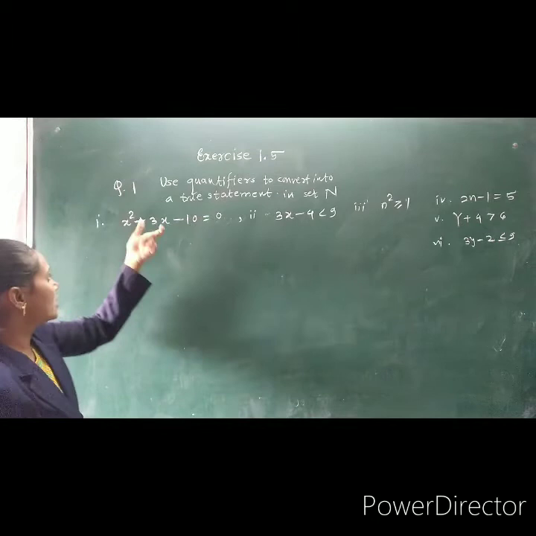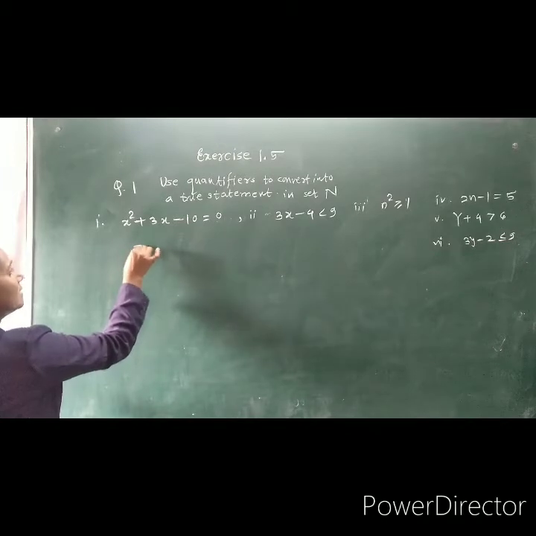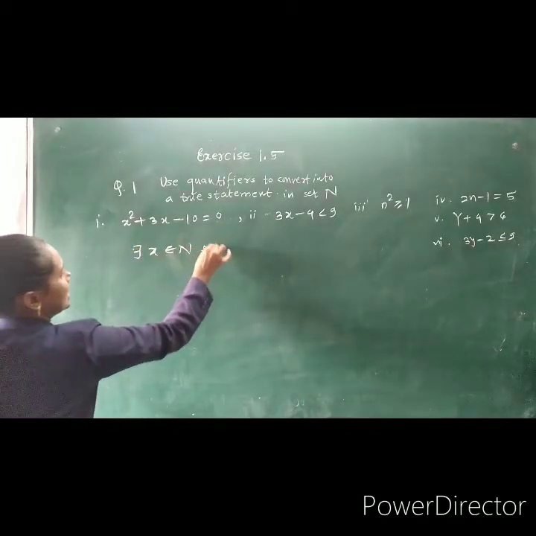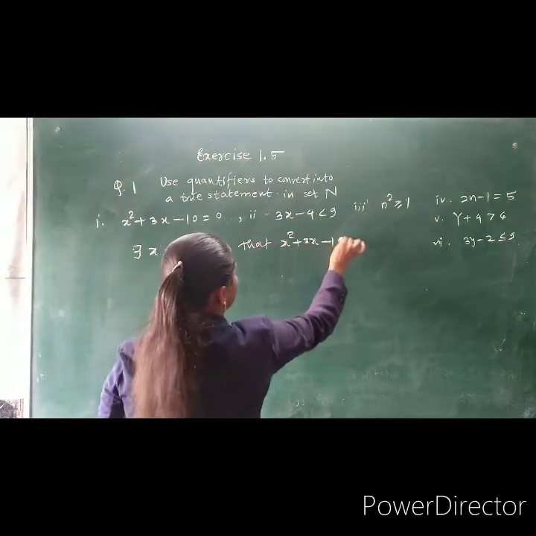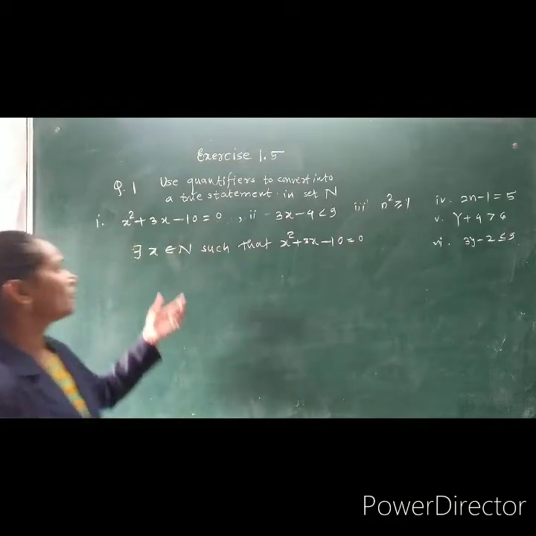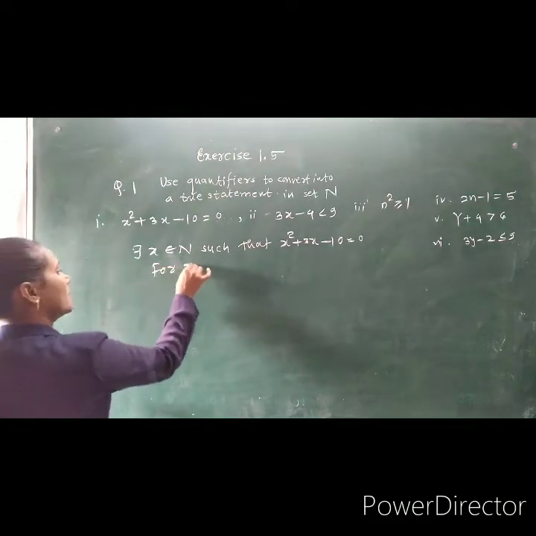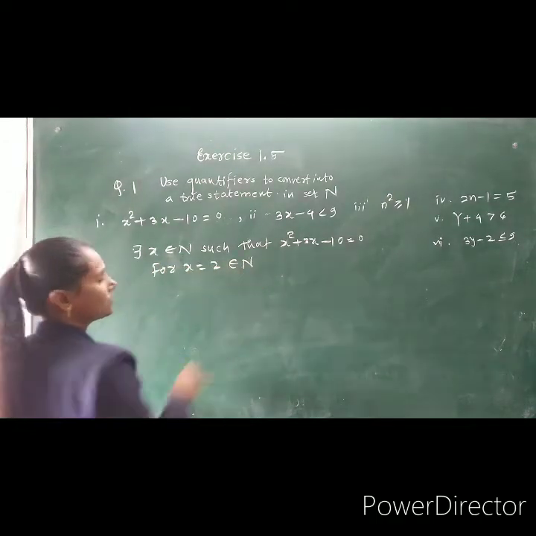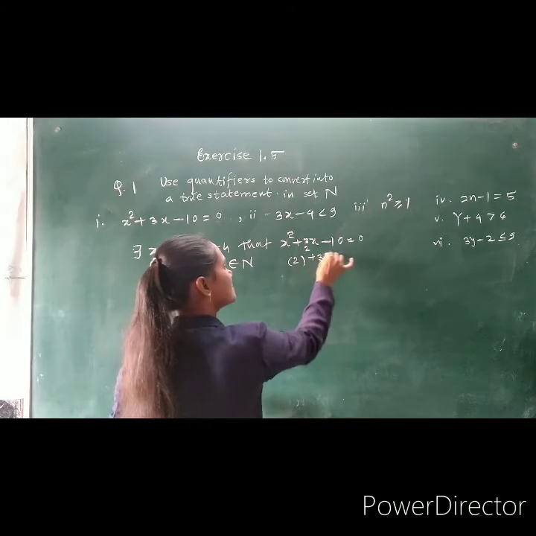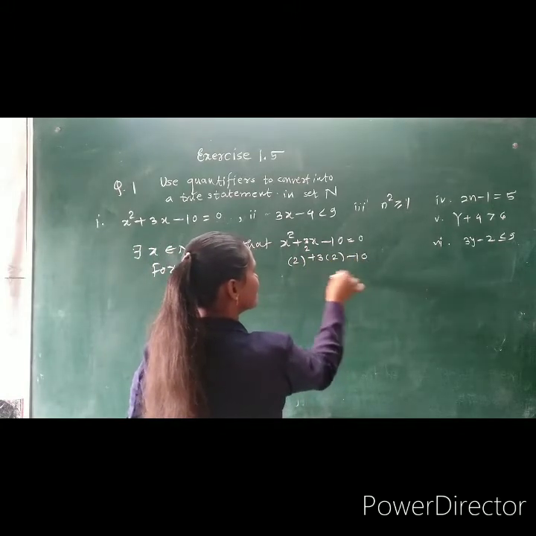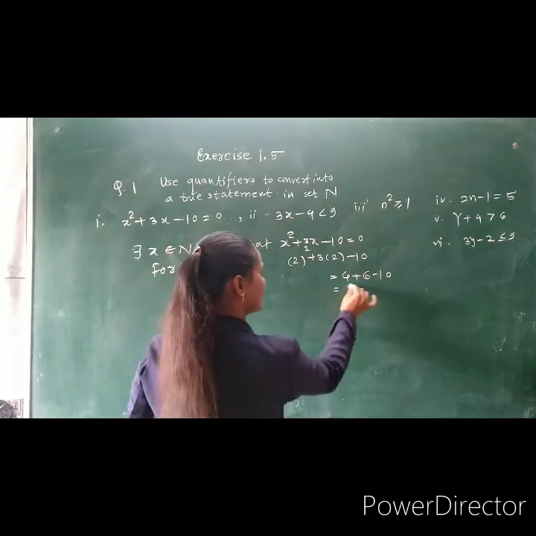So in the set of natural numbers, if we take x is equal to 2, this is a true statement. There exists x in N such that x square plus 3x minus 10 is equal to 0. If we take x is equal to 2, which belongs to natural numbers, then 2 square plus 3 into 2 minus 10 is 4 plus 6 minus 10, which is equal to 0.